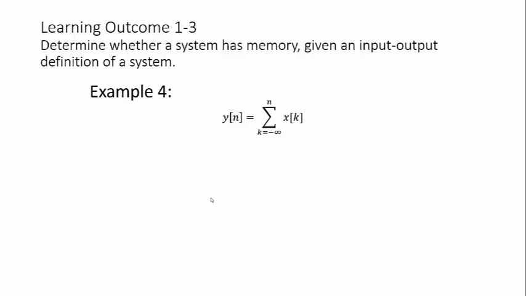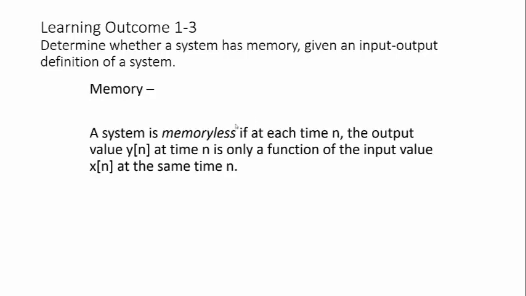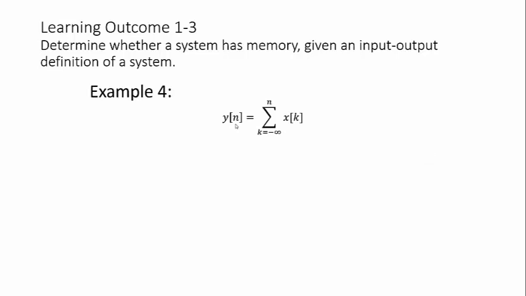Example 4. Is this a discrete or continuous system? We see the letter is n, so we know this is a discrete system. Therefore, we need this definition of memory. Does the system have memory? Let's again go through an example to help you think about the math. Consider time n equals 1.